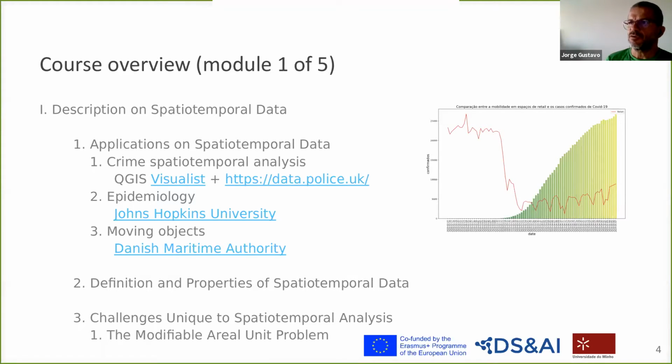In this first module, we will use 3 different use cases, one related with crime, because crime always has a very spatial and temporal dependency. For example, I don't have data from Asia and from Thailand and from other countries there, but UK police has a very good data set of crime in England.